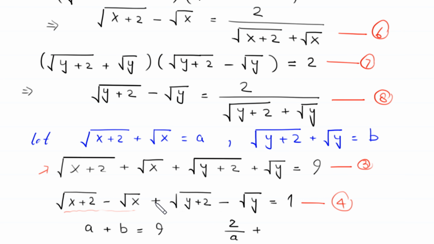This plus will come here, and √(y+2) - √y is 2 over √(y+2) + √y, so this will become 2/b, and the sum is equal to 1.